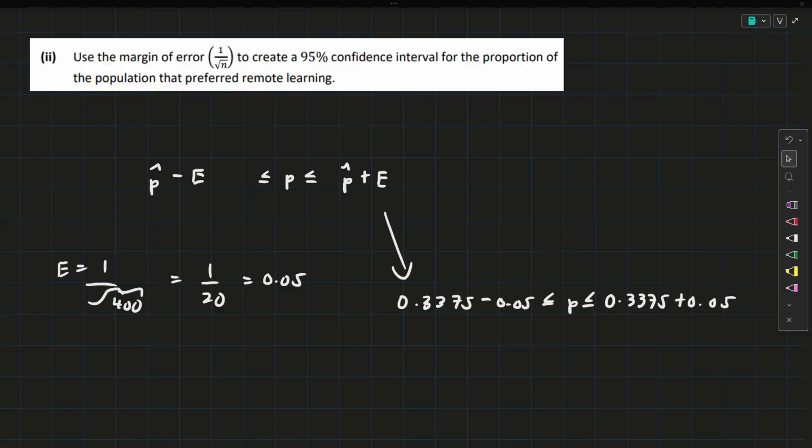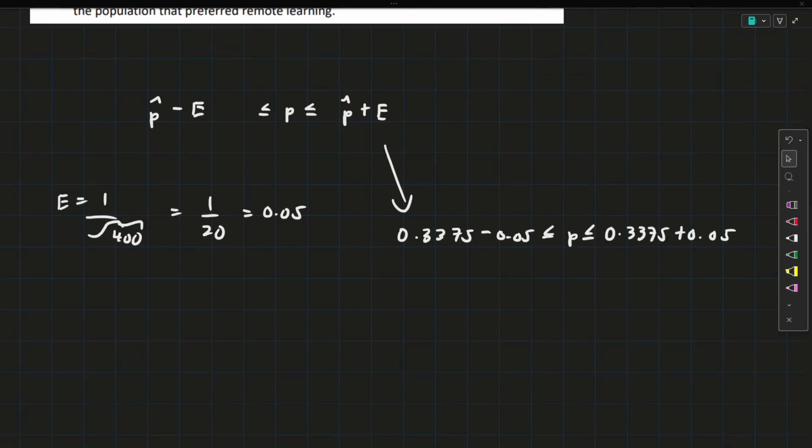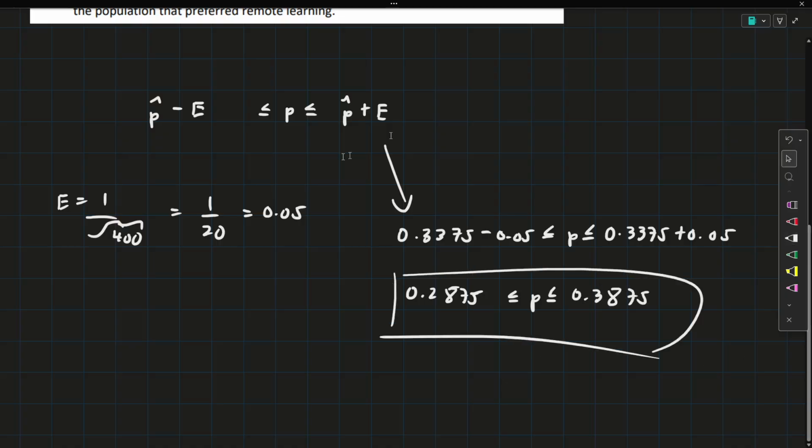Adding those, you get 0.2875 is less than or equal to p, and on this side we have 0.3875. So yeah, there we go.